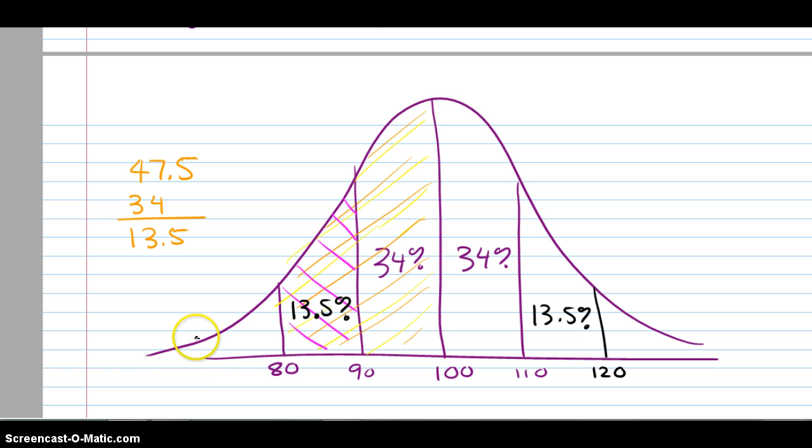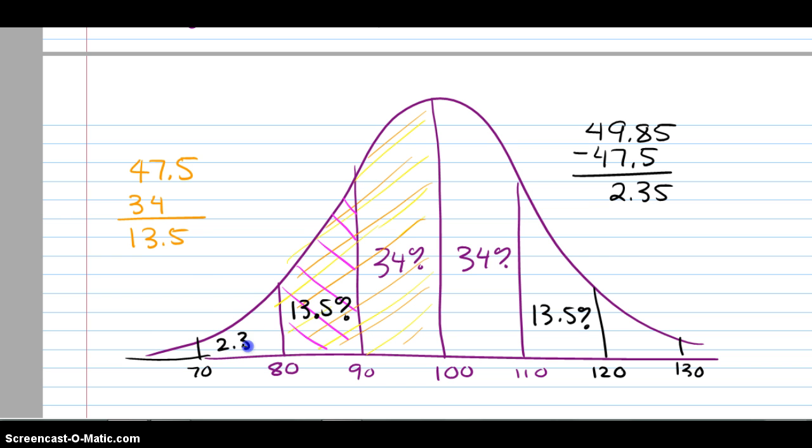Recall going out 3 standard deviations. We have 99.7% between 70 and 130. We said we had 49.85% between 70 and 100. Subtract off the 47.5 between 80 and 100. That leaves me with 2.35% in this slice.